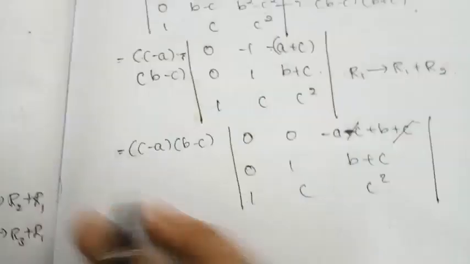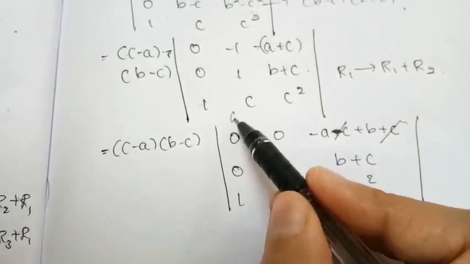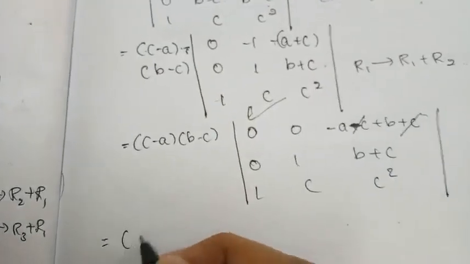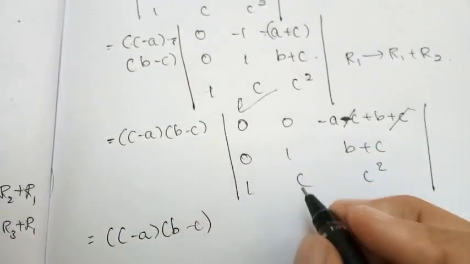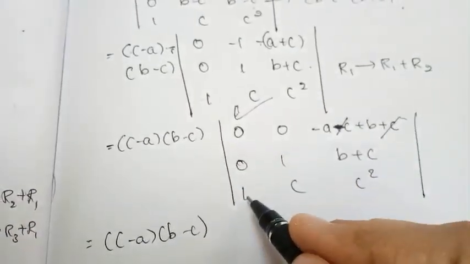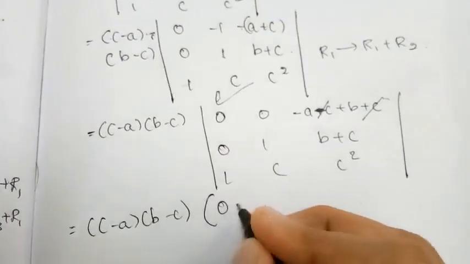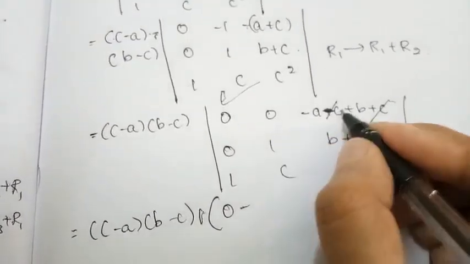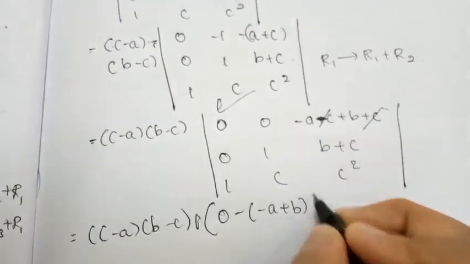Now I am going to expand along column 1. So here it remains c minus a, b minus c. Expanding along column 1 means deleting this column and this row, this one becomes 0, 0, 1 into 0 minus, what is this one, minus a plus b.